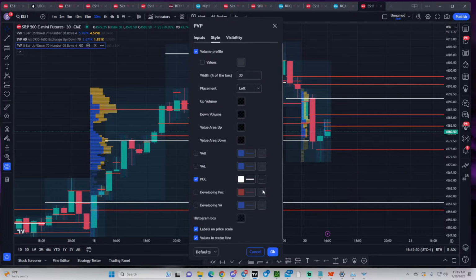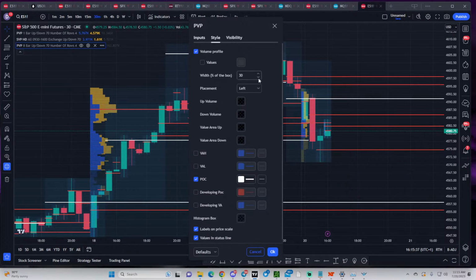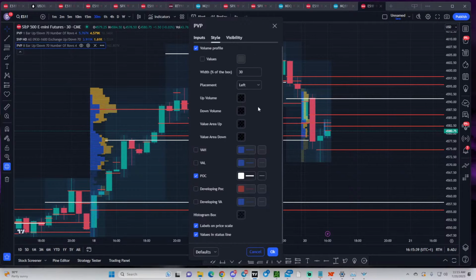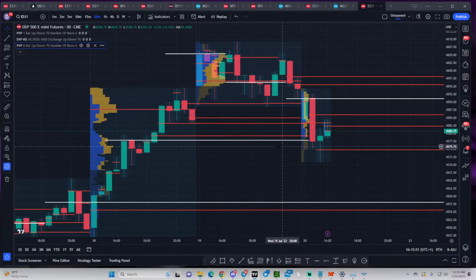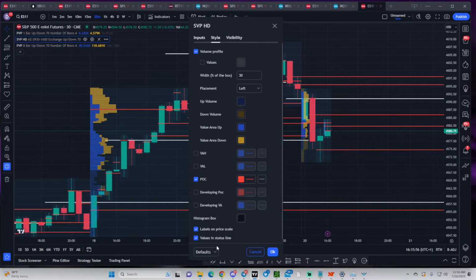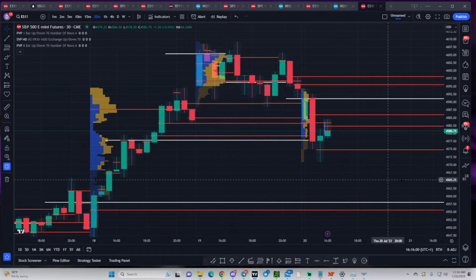I only want to see, I don't want to see the box. Up and down 70%, value, POC, labels and values inside the candle, blah, blah, blah. POC, it must be this one here. Okay, I didn't want to see the box. There you go. So the box is gone. On this one here, I don't want to see the box either. So I'm going to delete that. I don't want to see the box.